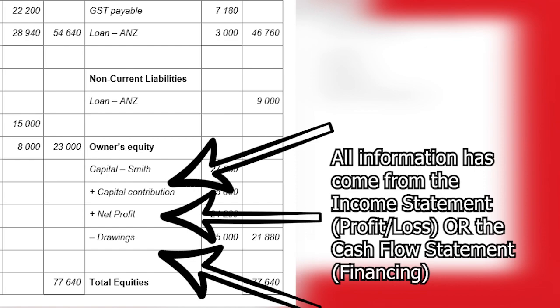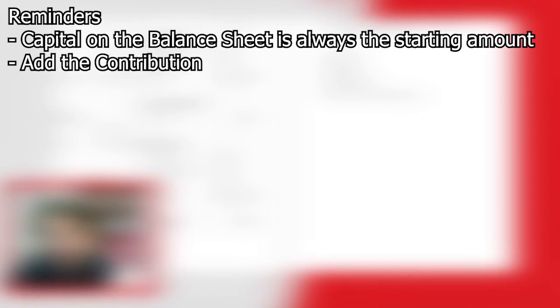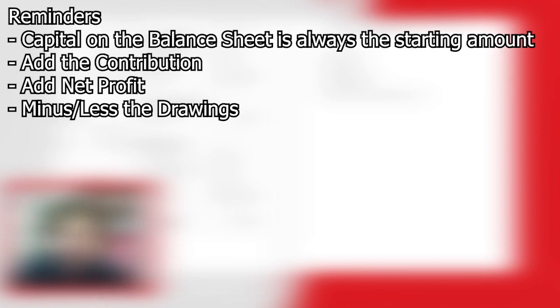So the big takeaway for you today, I think, is looking at the owner's equity section, understanding it is starting capital. That 27,650 is a starting amount. You add the contribution, you add the net profit, you minus the drawings, and you minus the net loss if there's no profit.